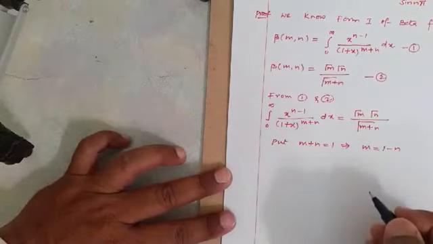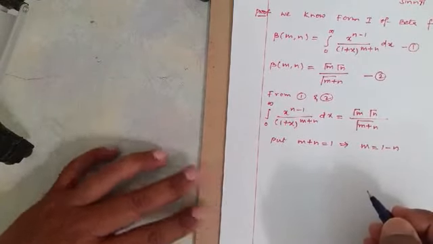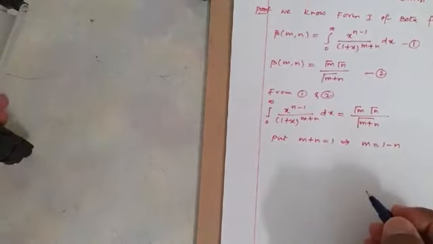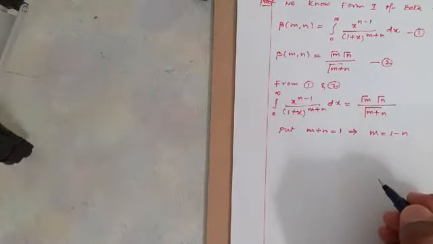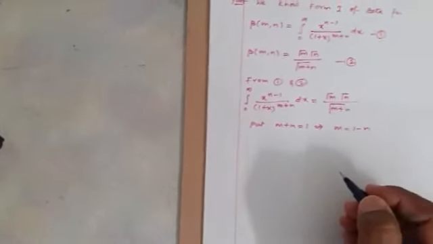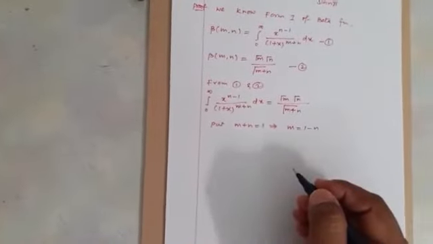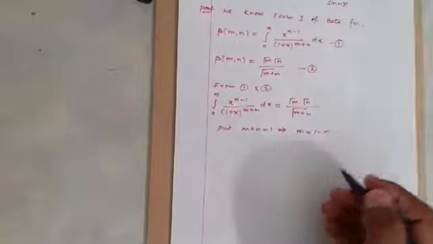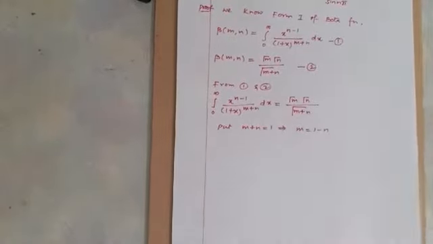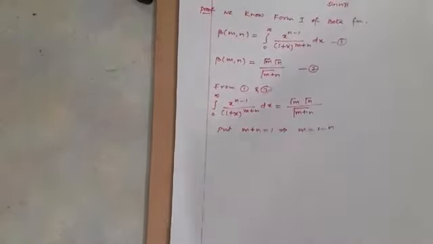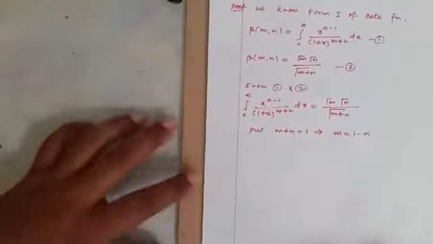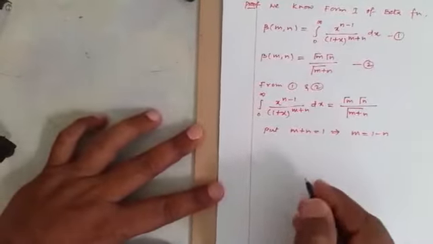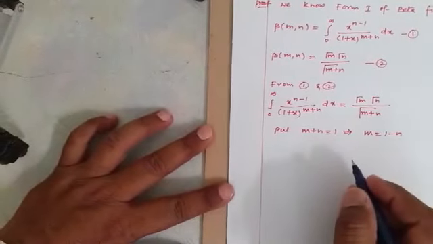So this unit 4 is totally we have to memorize, because when we have to take a substitution, you should remember. So here what we are doing, we are taking form 1 as well as the relation between beta and gamma, and then we are comparing both, so that we got this one.